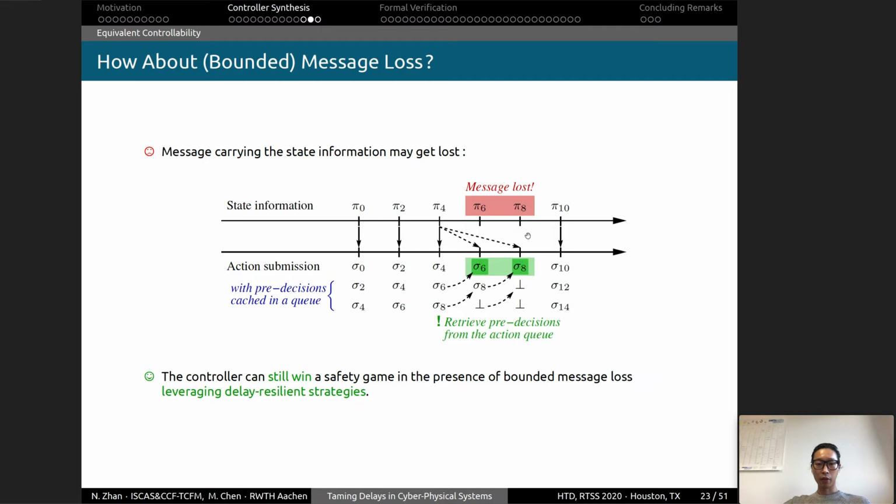So as you can see, as long as the number of consecutive message losses is finite, we can always pre-cache backup actions that are safe to play, even though those messages are lost. So the conclusion is the controller can still win a safety game in the presence of bounded message loss, leveraging delay resilient strategies by our algorithm.